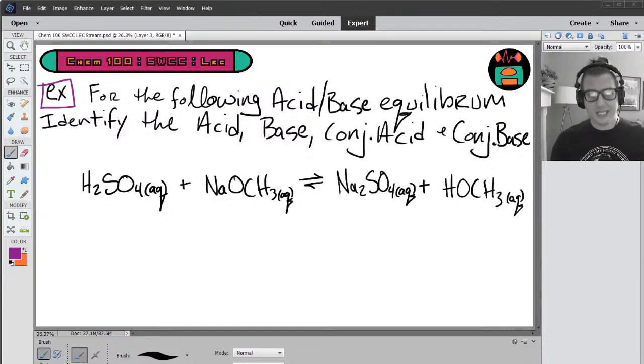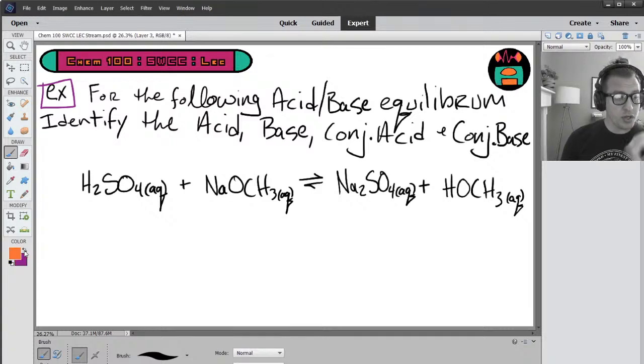The definition of an acid, according to Bronsted-Lowry, is that it is a proton donor. So if you're losing H+, that makes you an acid. And the Bronsted-Lowry definition of a base is that it is a proton acceptor. So if you're gaining H+ throughout the course of the reaction, then you are a base. In an acid-base reaction, the only thing that changes is that an H+ changes hands.